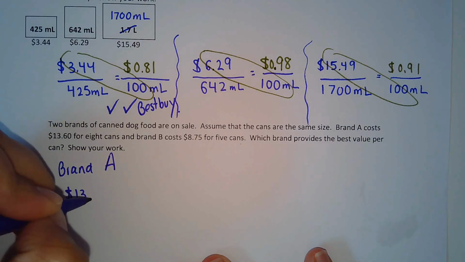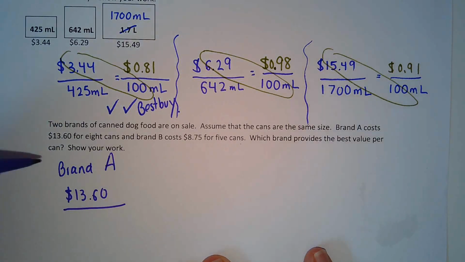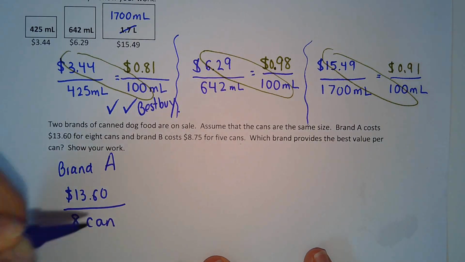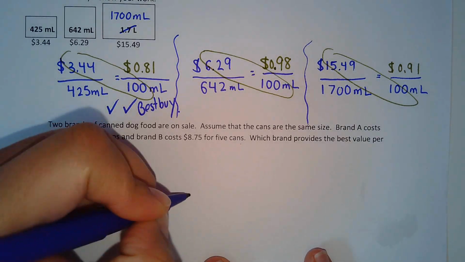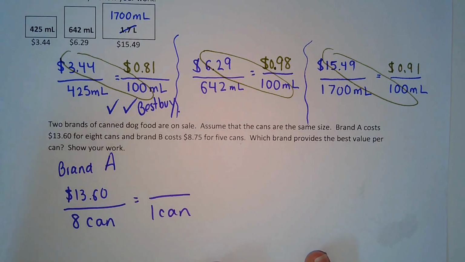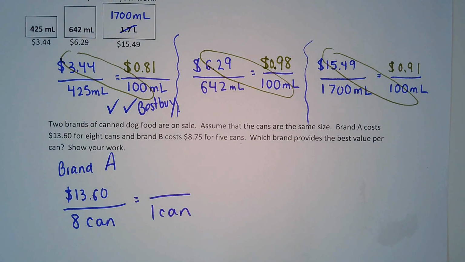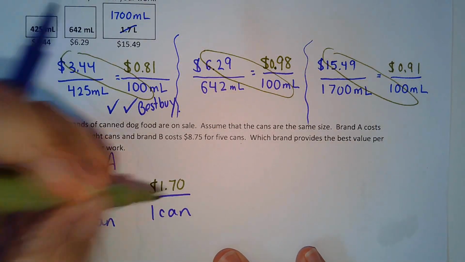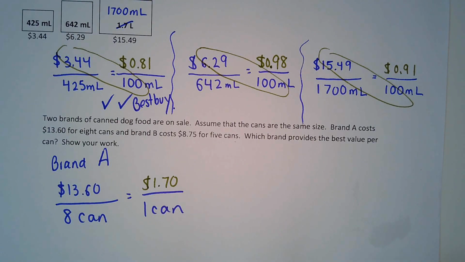So brand A is $13.60. Remember, money's always on top with unit prices for 8 cans. What is the price per 1 can? So we divide both of them by 8 or use cross multiplying, and we end up with $1.70 per can.